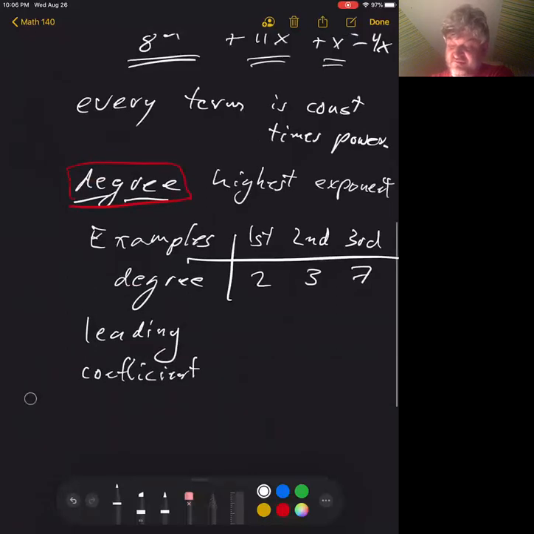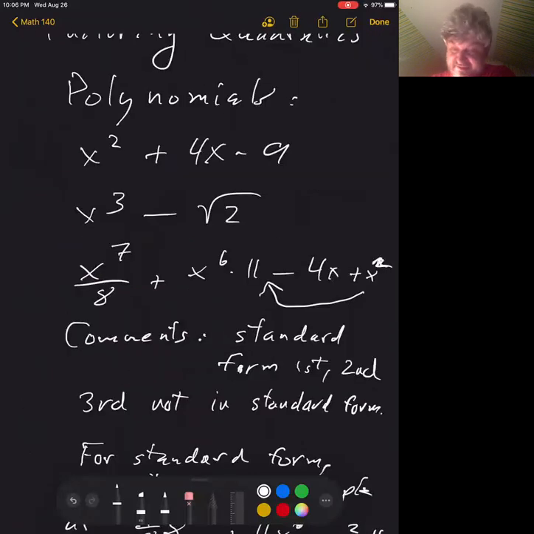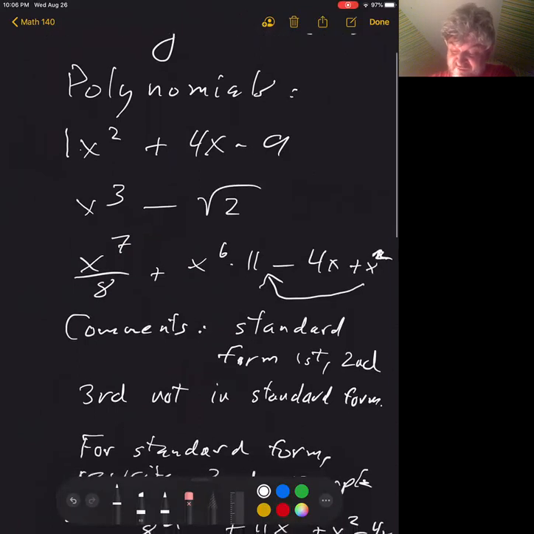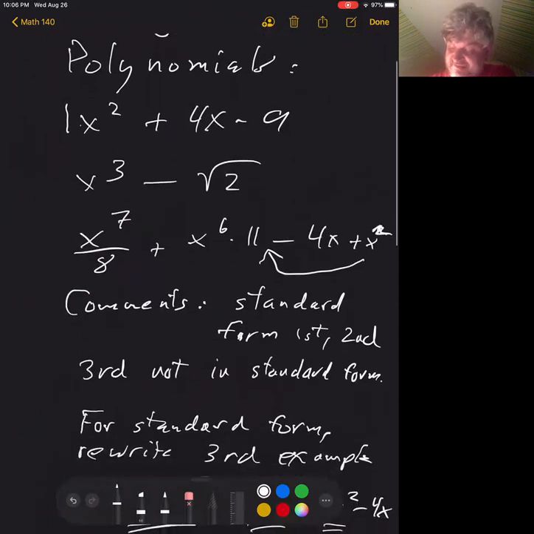First example has an invisible 1 here. Whenever you don't see anything, we can imagine that there's a 1. Okay, so that's a leading coefficient 1. Same thing in the second example. And the last example, you better write it in the standard form first. And then you can see it's 1/8.